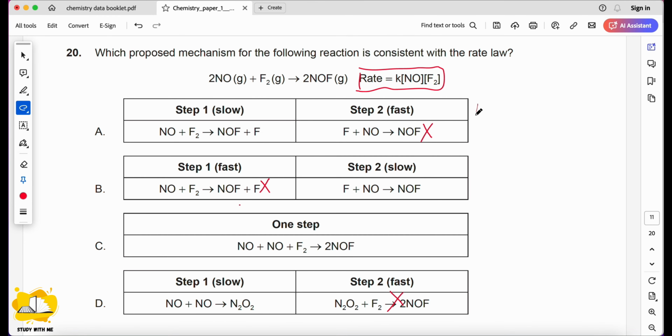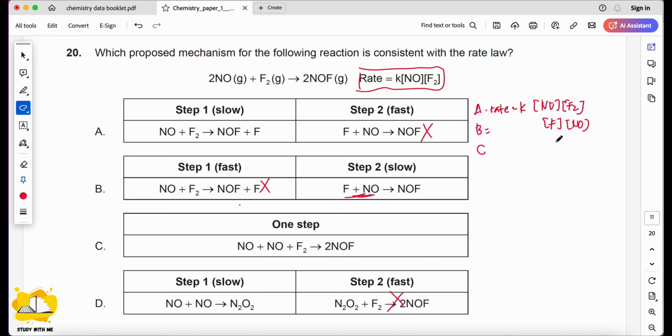So for the first one, the rate will be k times NO times F2, and then for B it will be F and NO. It's based on the reactants.